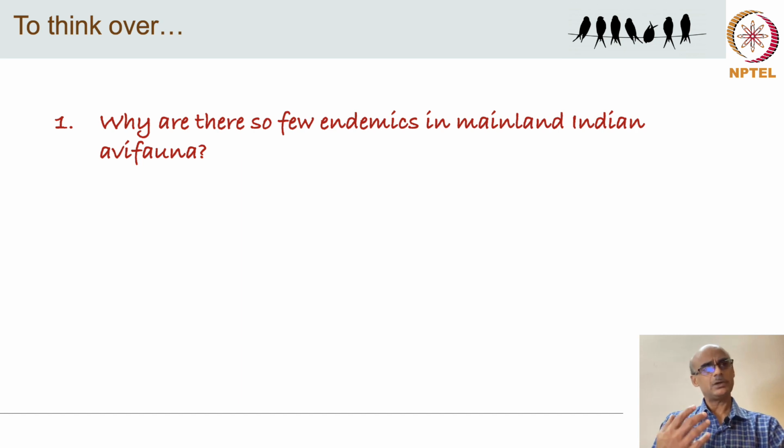That's very low in number compared to the 1300 species that are known to occur in mainland India. So, out of 1300 species, only 50 species are actually endemic to mainland India. So, why are there so few endemics in mainland India? Just think over it.